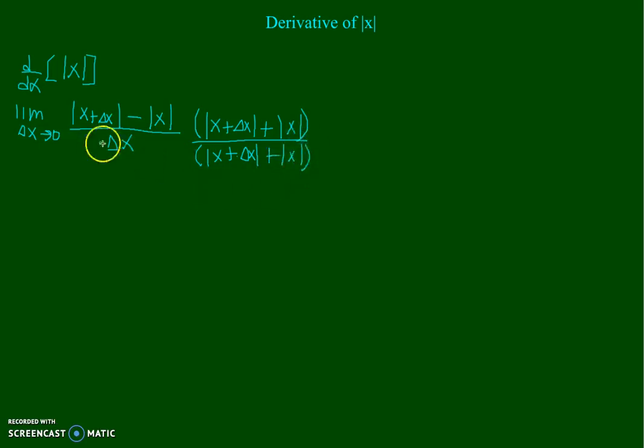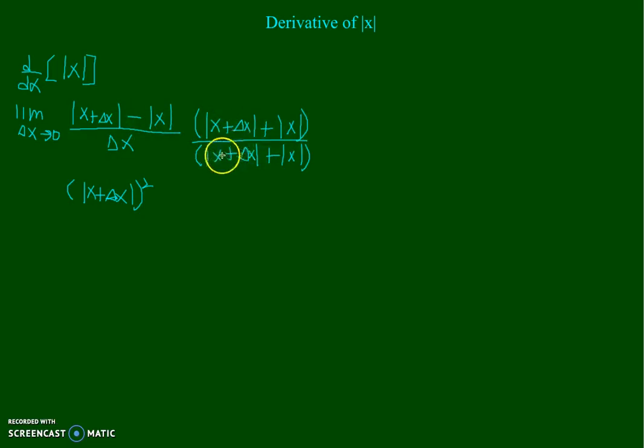Okay, so we're going to multiply this out, and of course this limit is going to be carried down. The absolute value of x plus delta x times the absolute value of x plus delta x is simply the absolute value of x plus delta x squared. Absolute value of x plus delta x plus absolute value of x minus that product.